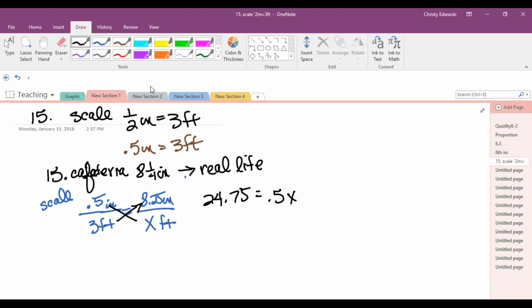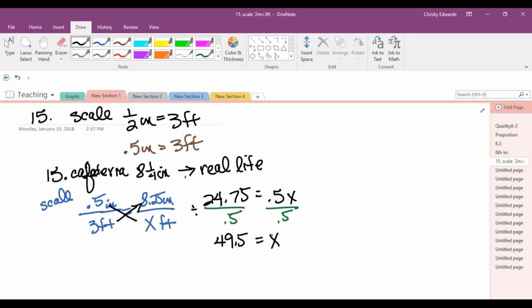And then divide both sides by the 0.5. Then this on a calculator, 24.75 divided by 0.5 actually doubles it. 49.5 equals x.